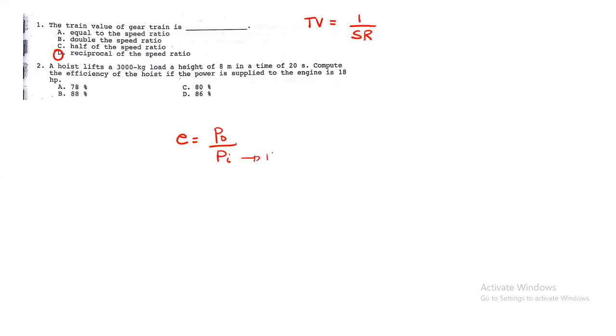So ito 18 HP. Then yung power output natin is force times distance divided by time. So substitute natin. So output, so force 3,000 kilogram times 9.81 para maging Newton, guys. So Newton times yung distance.